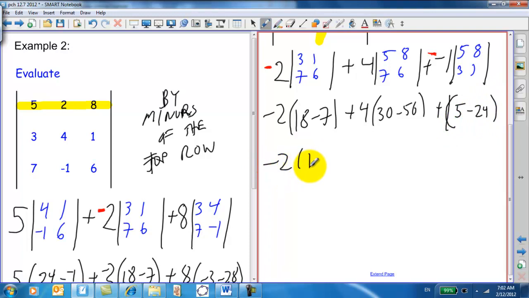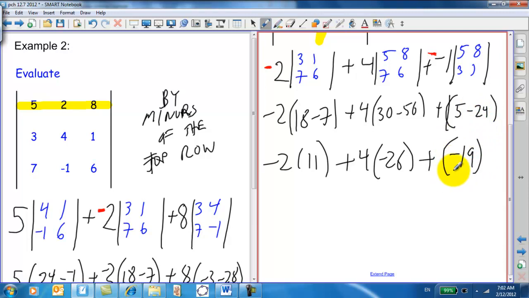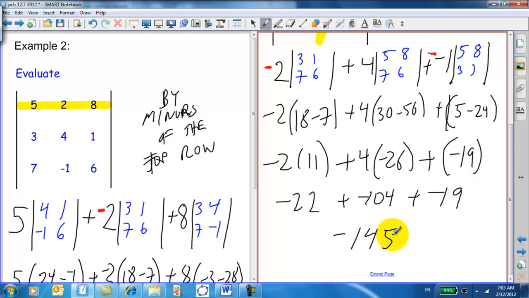So negative 2 times 11, plus 4 times negative 26, plus 5 minus 24 is negative 19. So we get negative 22 and negative 104 and negative 19, adding up to negative 145. Yep, so the answer is agreed.